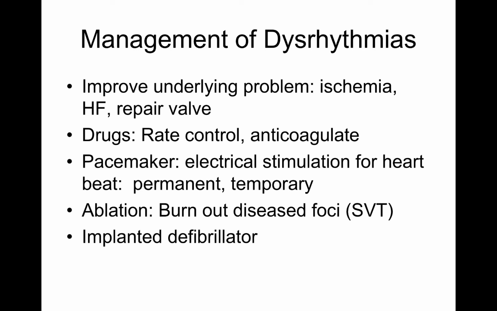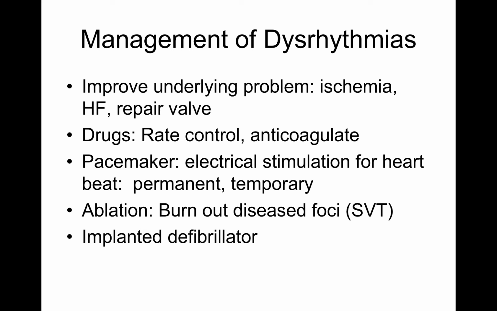Pacemakers we put in for high degree blocks, such as second degree type 2 or complete heart blocks. Ablation is something that we do for atrial fibrillation, where we have different foci that are trying to beat. So we will go in and burn that area of the heart.